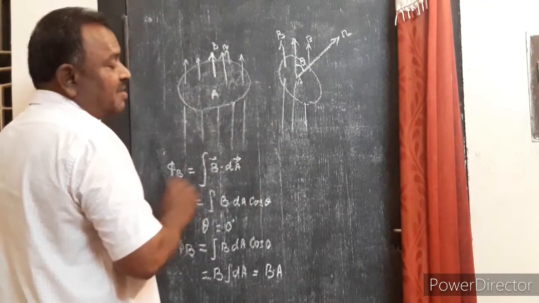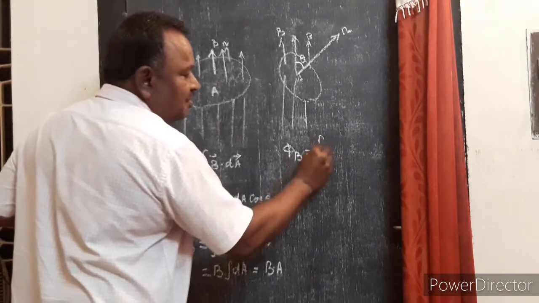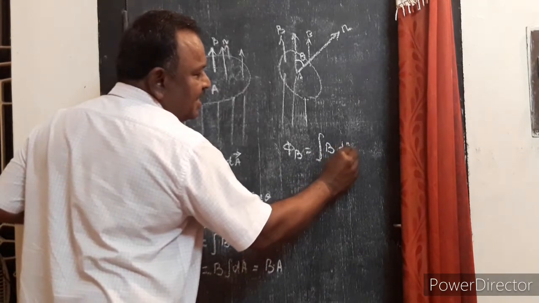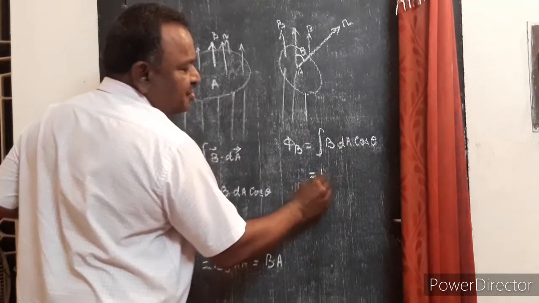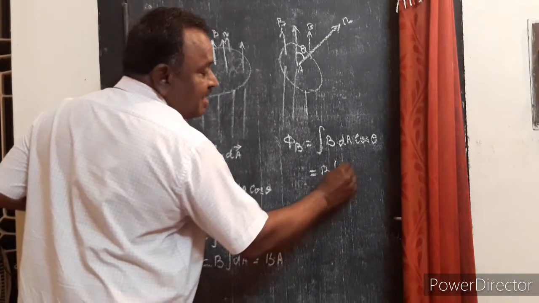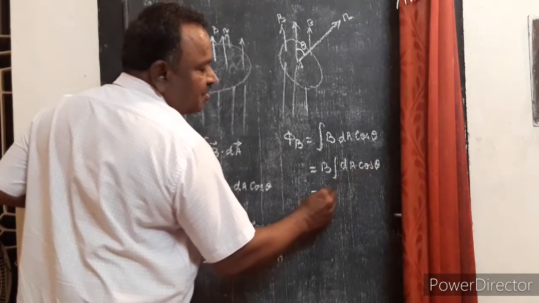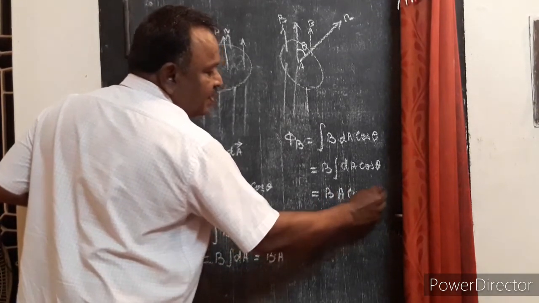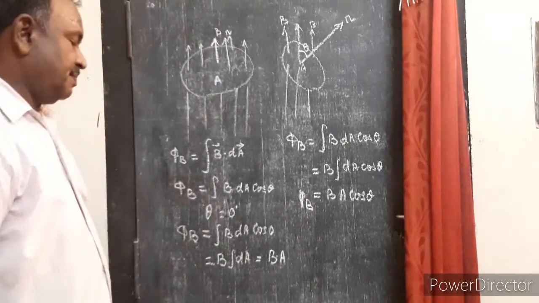So in this case, magnetic flux phi B is equal to integral B dA cos theta, which is B into integral dA cos theta, that is equal to BA cos theta. This is the expression for magnetic flux.